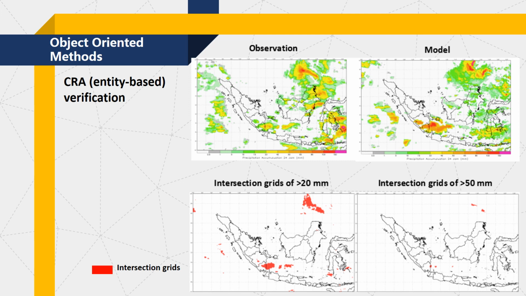The red area is the intersection grid that has the same value in both observation and model.